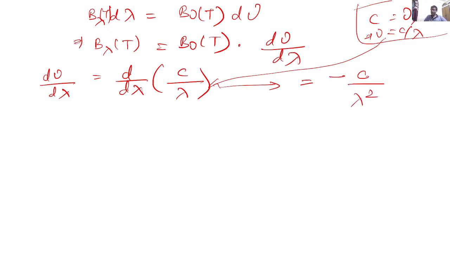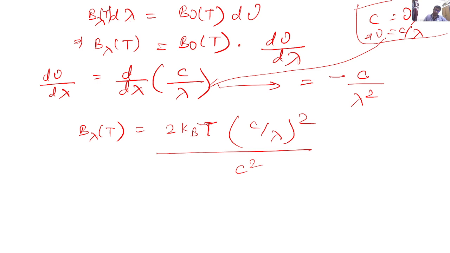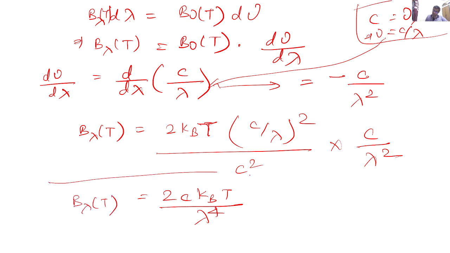So d nu by d lambda is minus c by lambda square. Let's substitute it there now. So b lambda t will become 2 kbt c by lambda square by c square times c by lambda square. So this is nothing but 2c kbt by lambda power 4. And that is how we got into the wavelength formulation.